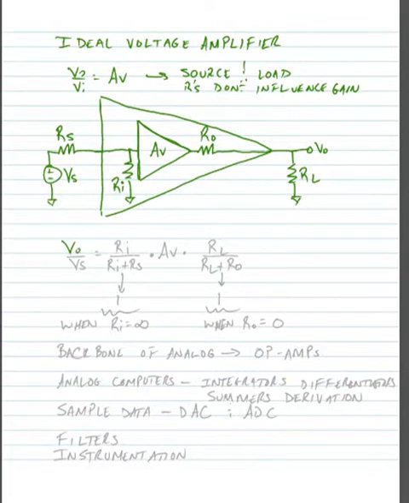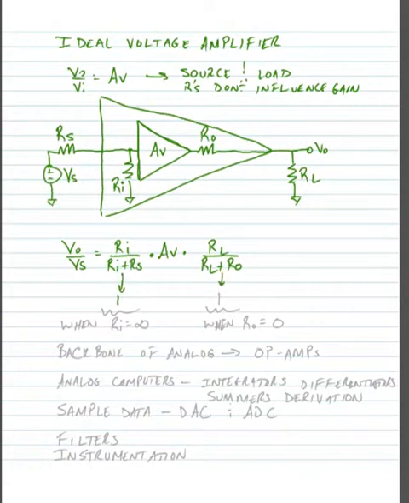So if we write an expression for the total gain of this amplifier, V out over Vs, we would see that the total voltage gain would be Ri divided by Ri plus Rs. We have a voltage division at the input of the amplifier, times the voltage gain AV of our ideal amplifier, times RL over RL plus R out, which is a voltage division at the output.